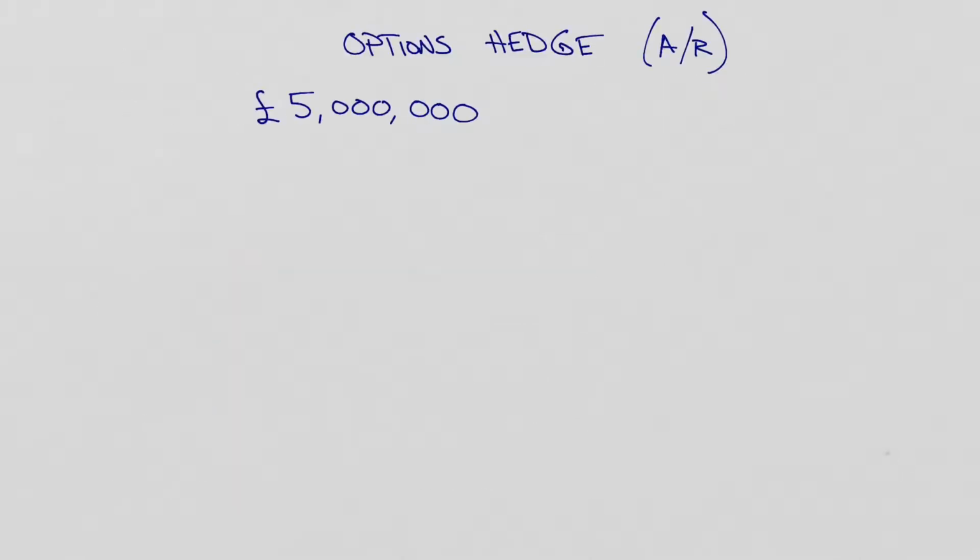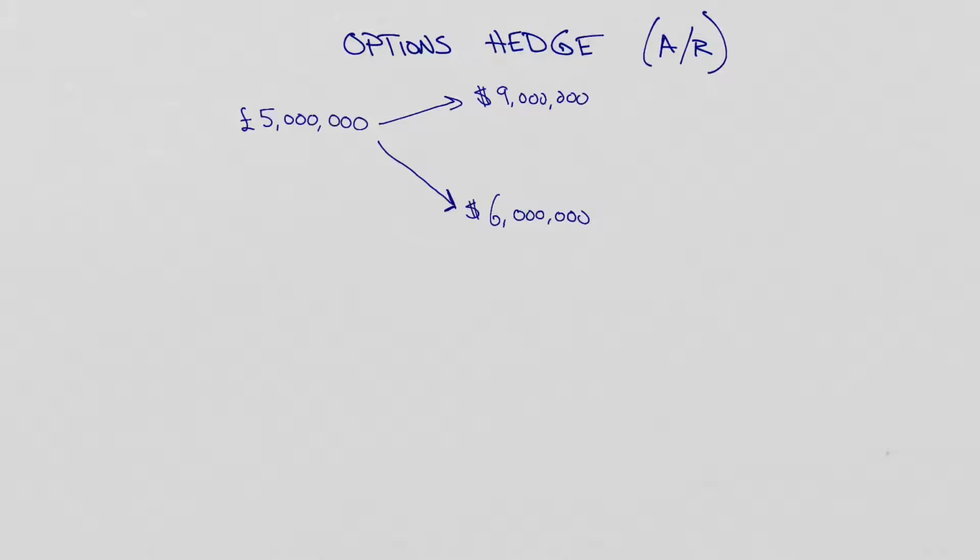So here we're expecting to get 5 million pounds, but we don't know what that's going to be in terms of dollars. It could be more or it could be less than what we were expecting. If the pound strengthens, then we end up with a lot of US dollars. But if the pound weakens, then we end up with quite a few less dollars than what we were expecting.